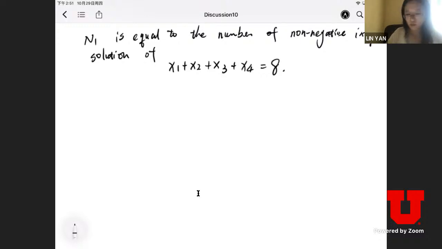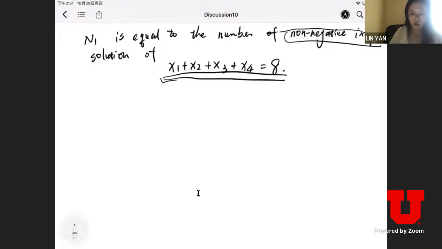So this is what we also see: a plus b plus c plus d is equal to 8. I think the students use the same idea. Because this is an equation and the solution is non-negative integer, we can use Theorem 3 directly. That is 8 plus 4 minus 1 choose 8, which is 11 choose 8.